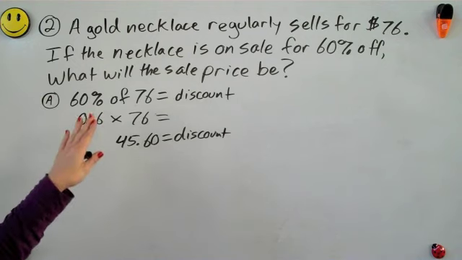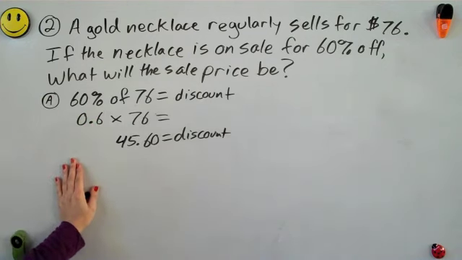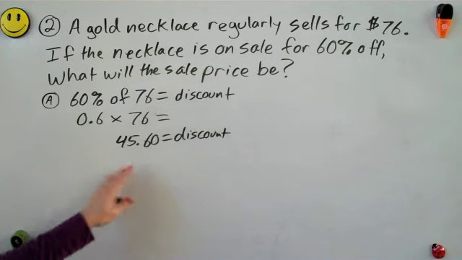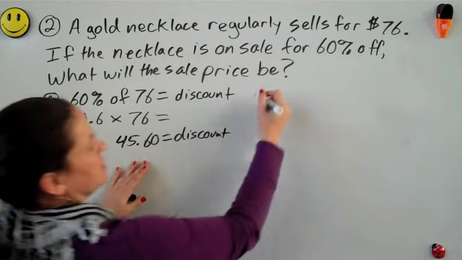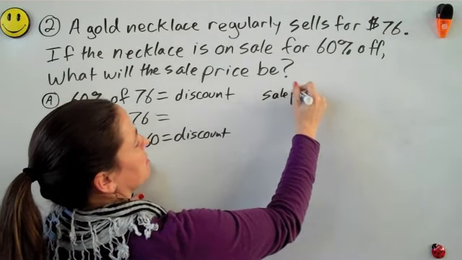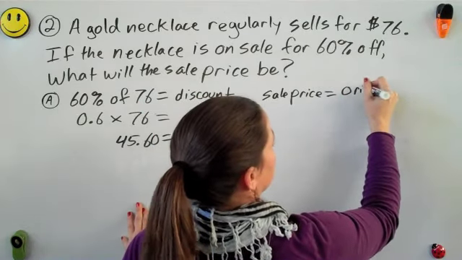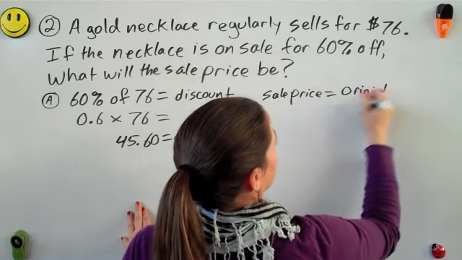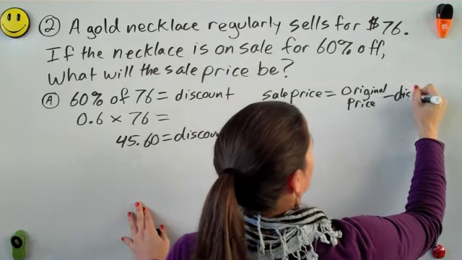Now, the gold necklace regularly sells for $76. If the necklace is on sale for 60% off, this is how much you get to take off. This is your discount. So what we know is a sale price is equal to the original price minus the discount.